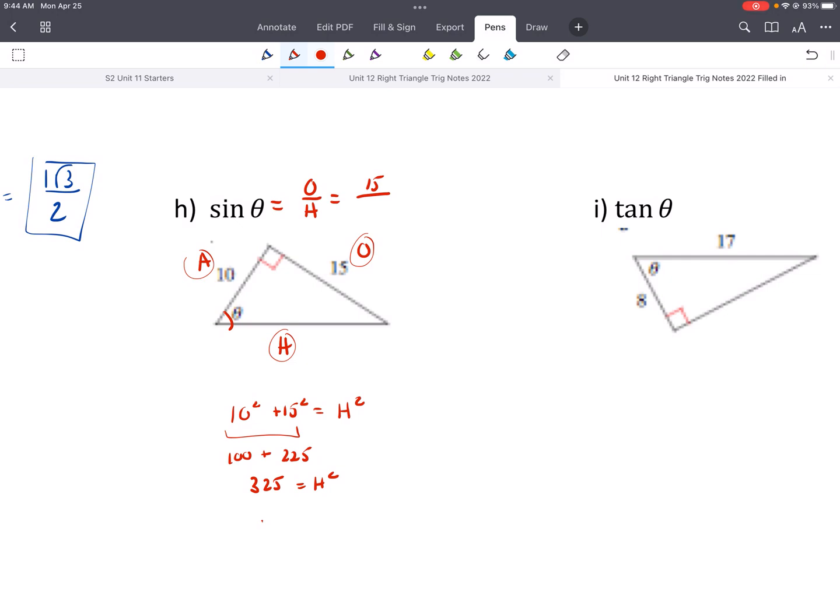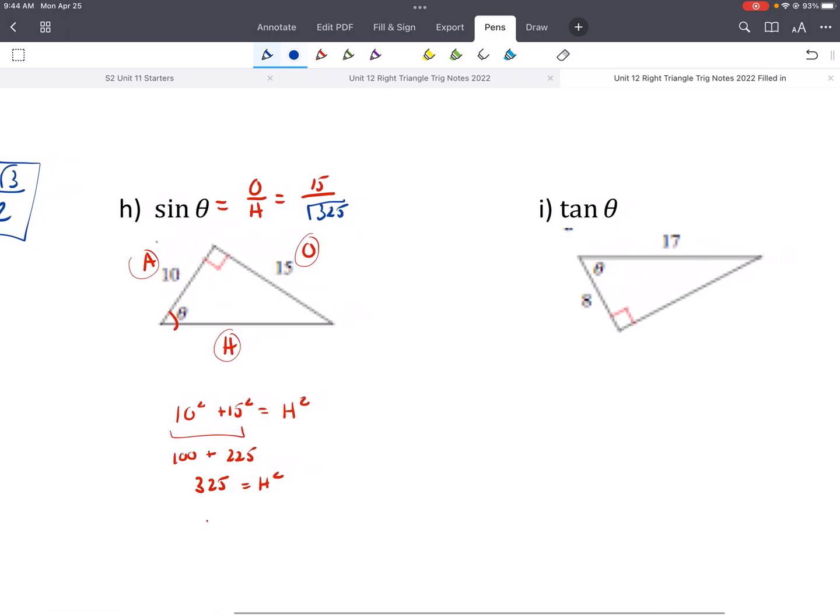When we take the square root of 325, it's not a perfect square, and all the problems that you'll run into will be perfect squares. So this one's probably not a good example, but I'd probably just leave it as the square root of 325. We can simplify that further, but we're not going to spend the time to take care of that.